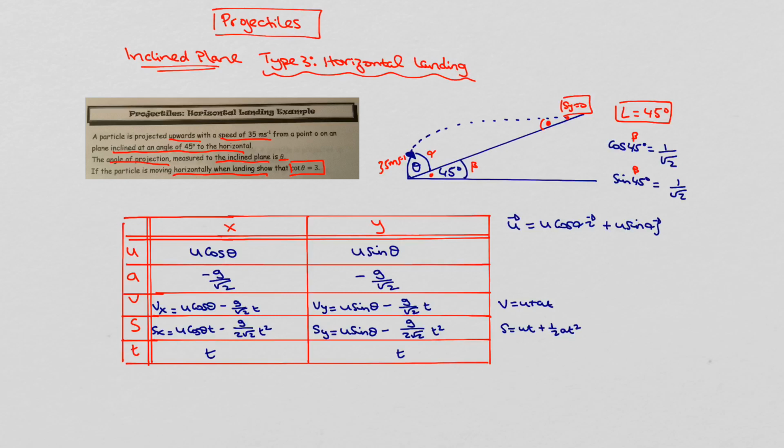Okay, and remembering that the reason your gravity is negative is because gravity is always acting in a downward direction to the inclined plane. So if we're resolving that in the y direction, well, originally it was projected up the plane.